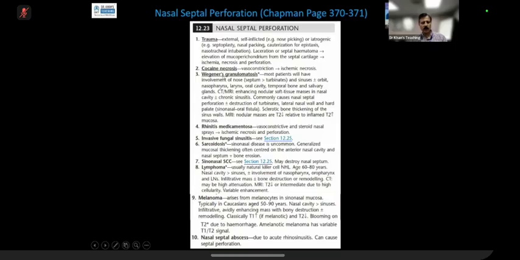In Wegener's granulomatosis, what happens is that there is vasculitis, and in the upper respiratory tract, lower respiratory tract, we know the other systems of the body which can be involved. And please remember that from the paranasal sinuses, most patients will have involvement of the nose, septum, more than turbinates.